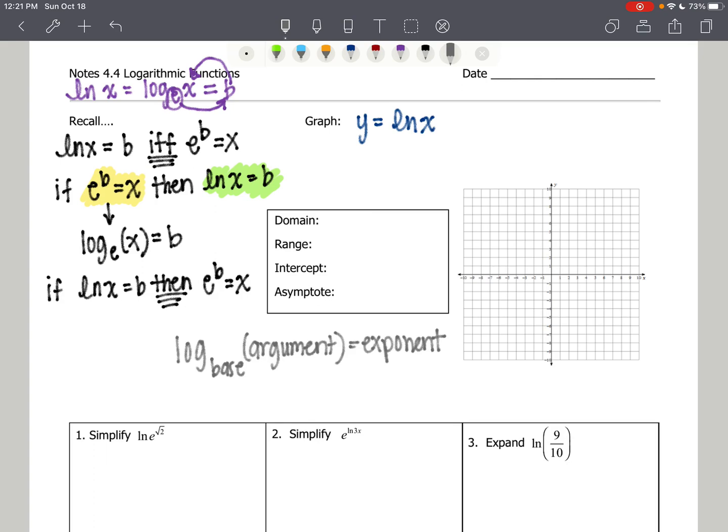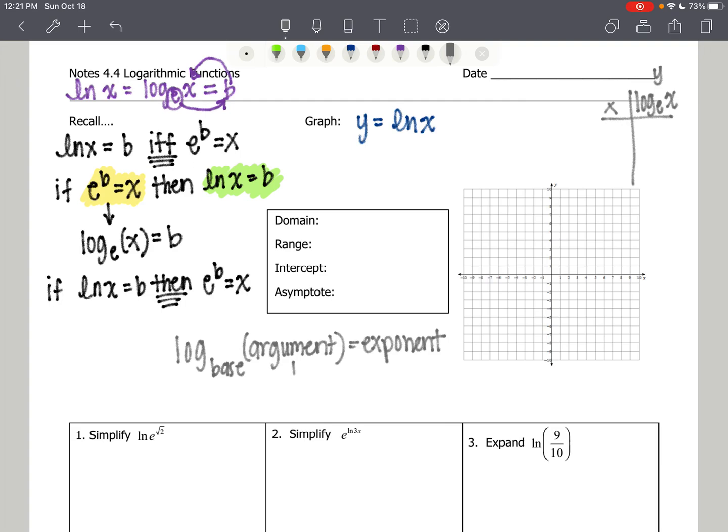So when we have y equals the natural log of x, my base is e. Log base e of x. Sometimes I write log base e of x just so that I can see that. That's my y value. It's my output.